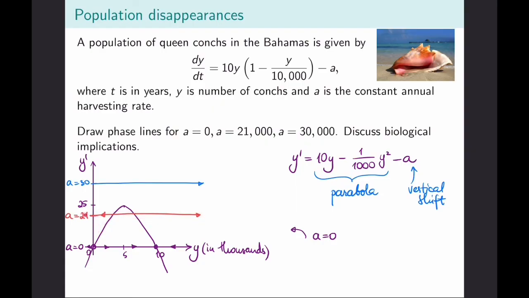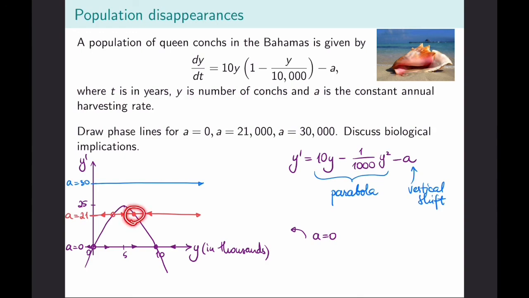When the graph is above my current axis, which is red, which is right here, the arrows will point to the right. And when the graph is below my red axis, the arrows will point to the left again. So notice that here I have an unstable state that is somewhere. I can probably figure that number out, but I don't have to yet. And my steady state lies here.